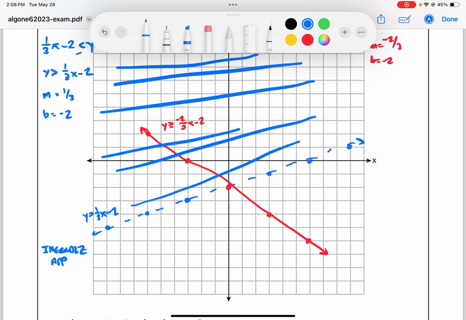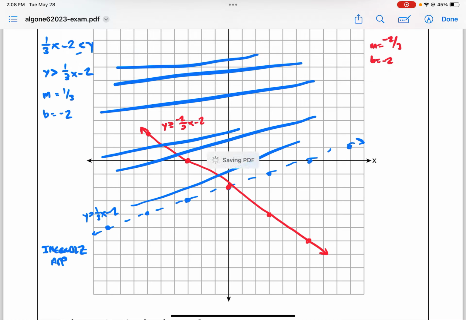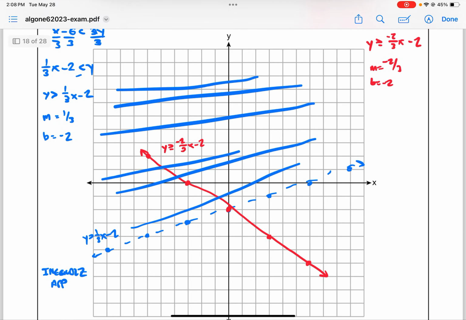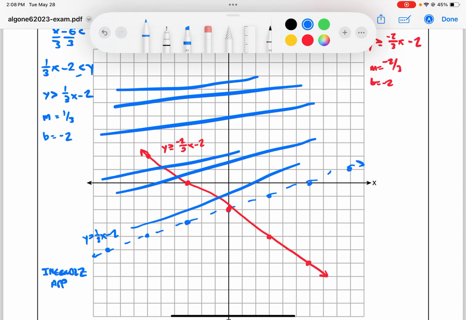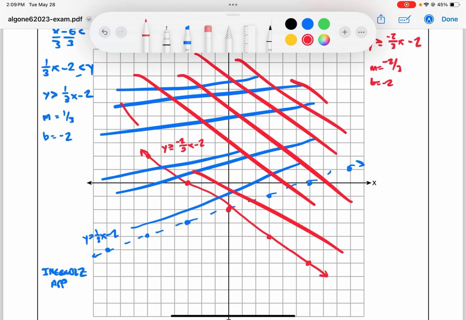And then I'm going to graph the other one. y is greater than or equal to -2/3 x minus 2. And we get, let me get the red back, that right there. And of course, the solution set is going to be whatever fits in both categories.